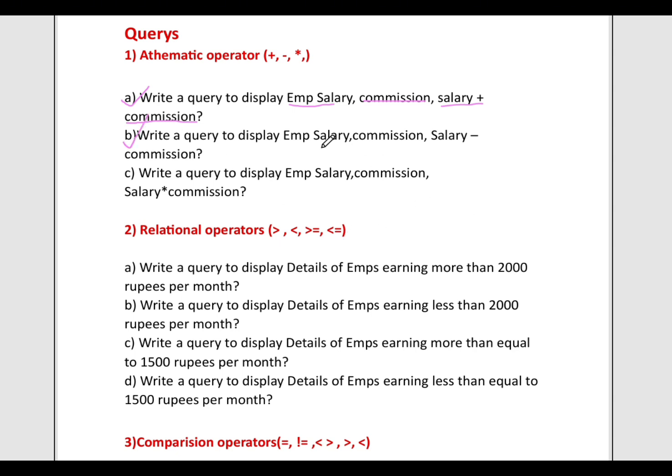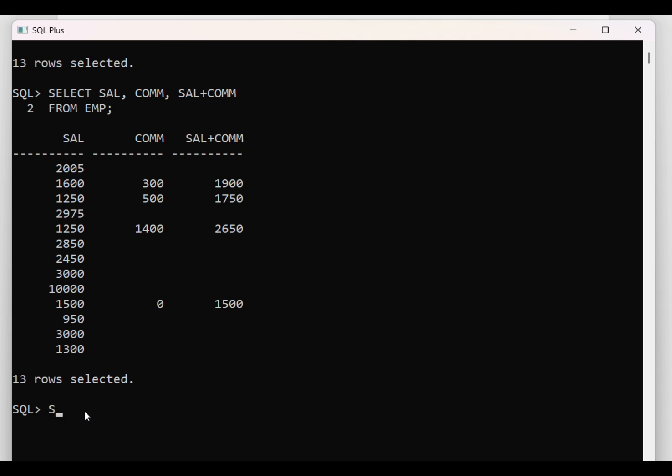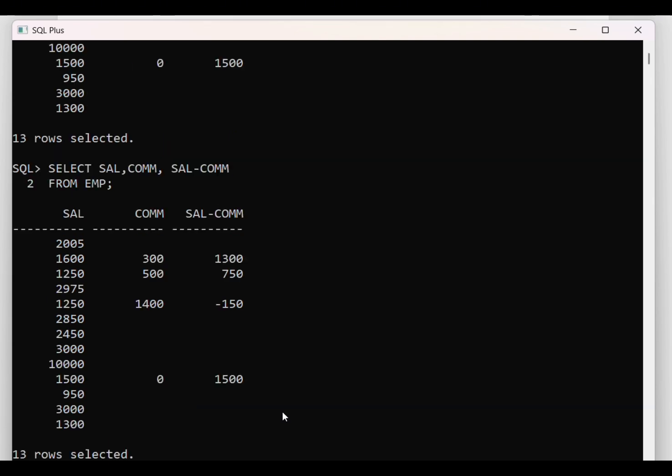Now the next one is subtraction. So employee salary, commission and salary minus commission. Same like the previous query, but here the only change is the operator, minus, from EMP.